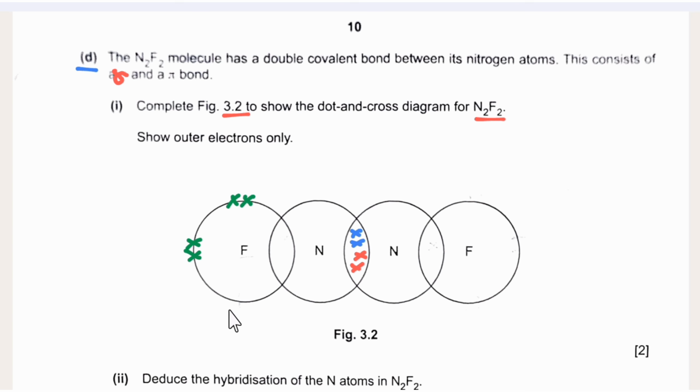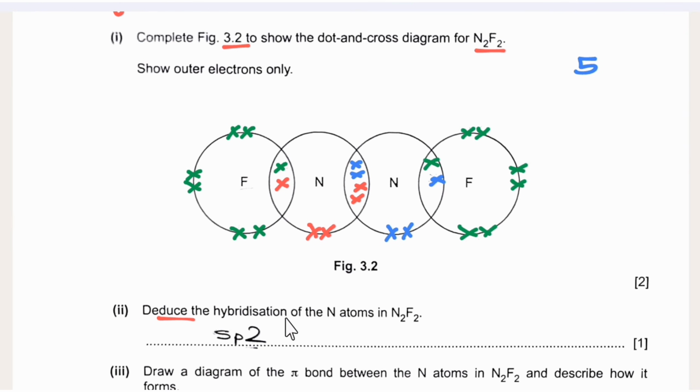Nitrogen contains 5 outer electrons, so 2 of them are shared between the 2 nitrogen atoms, and to get an octet, it shares 1 electron with each fluorine to give fluorine an octet, and 2 electrons are a lone pair. So this is the structure.